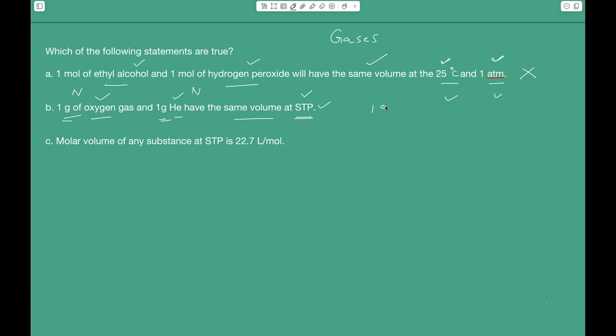You have to divide the given mass with the relative molecular mass of the substance in grams, right? So it is 32 for oxygen. At this temperature and pressure, oxygen gas is composed of oxygen molecules. So this is the number of moles of oxygen, and the number of moles of helium is 1 gram over 4.0 gram, and obviously these two are not equal. So the number of moles are not equal, so the number of molecules are not equal, so they will not have the same volume though they are at the same temperature and pressure.